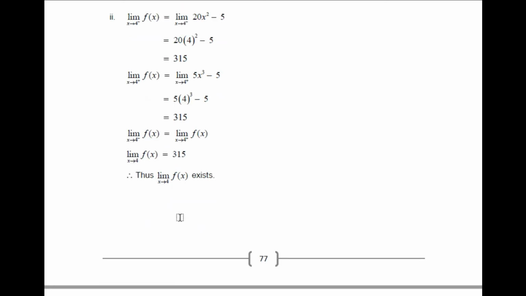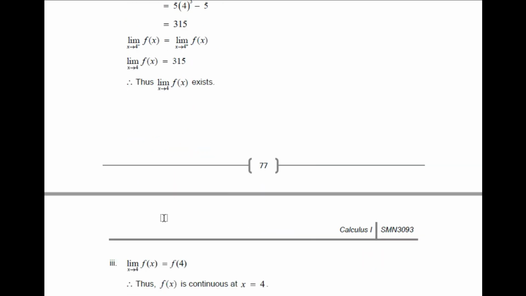So we can conclude that the limit of f(x) as x approaches 4 from the left is equal to the limit of f(x) as x approaches 4 from the right. So the limit of f(x) as x approaches 4 is equal to 315. Thus, the limit of f(x) as x approaches 4 exists.